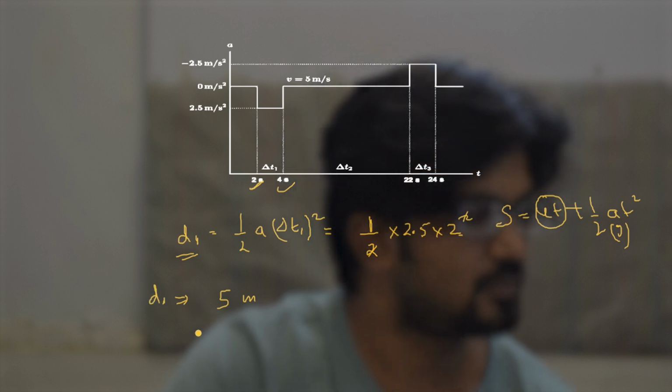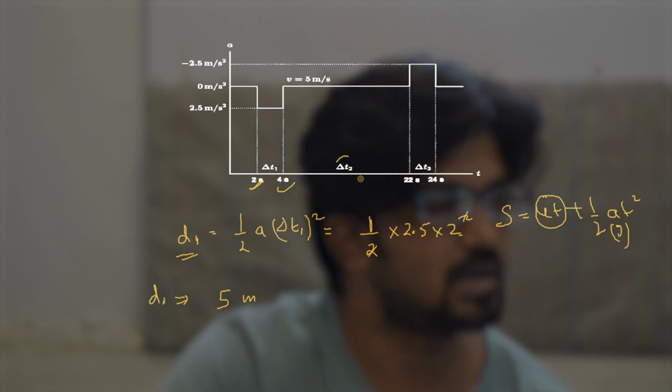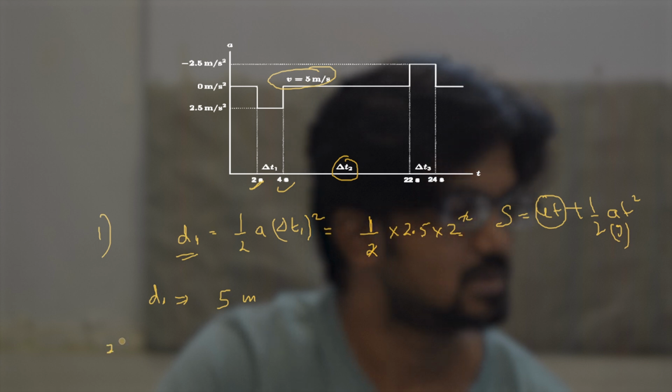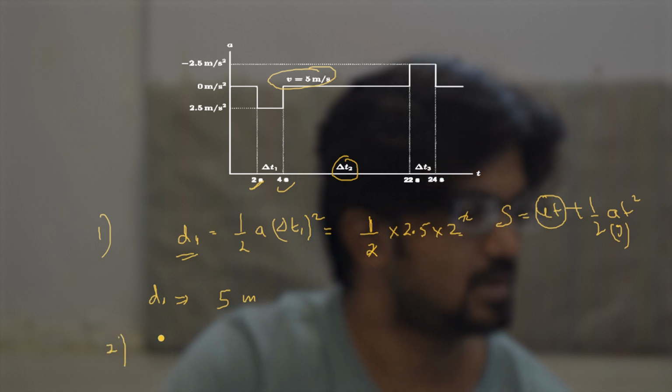Now for the second part, we want to find the d2 value. Over delta t2, when v was 5 meters per second, we get d2 as v times delta t2.